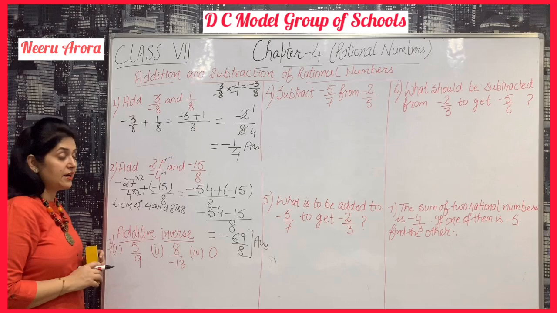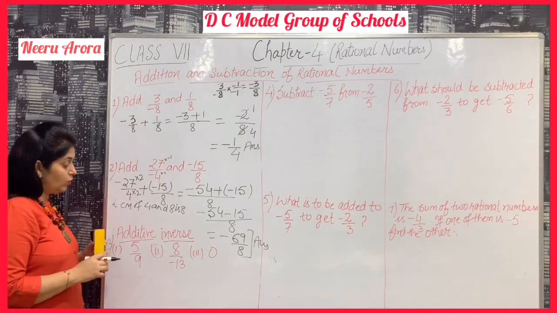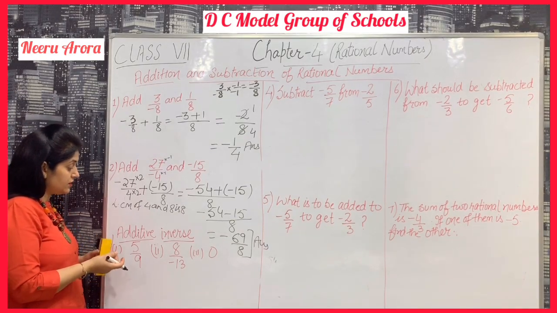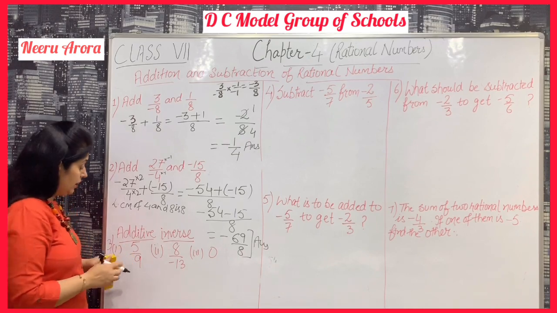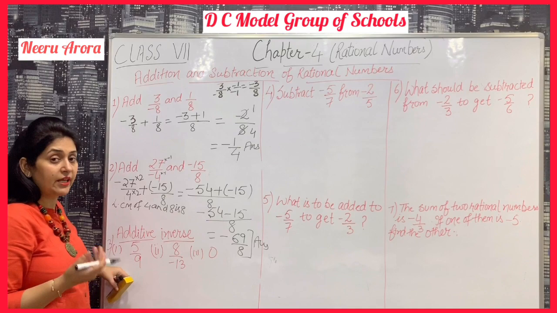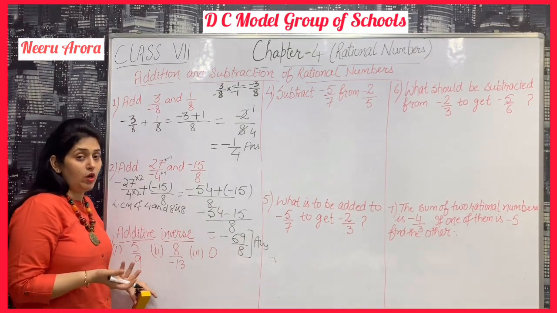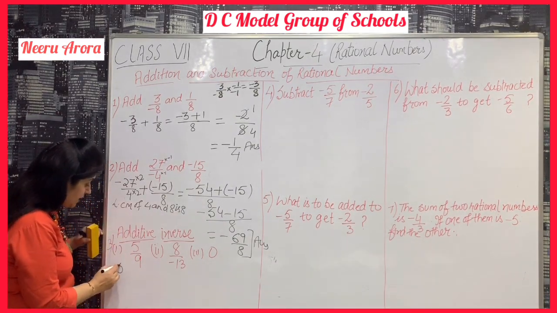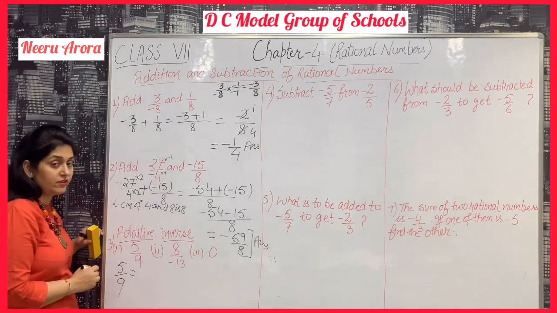Next topic is additive inverse. So what is additive inverse? It is just an inverse of sign only. If the given rational number is positive, we will make it negative. If it is a negative rational number, we will make it positive. So here, the first part is 5 by 9. It is a positive rational number.